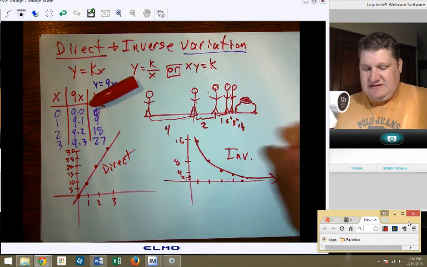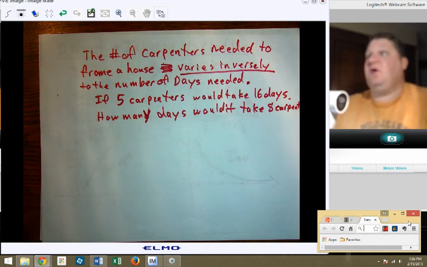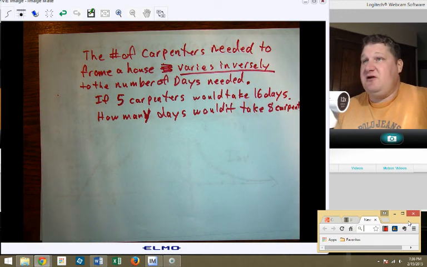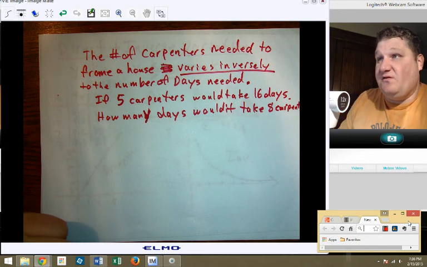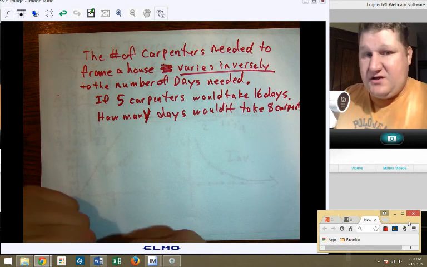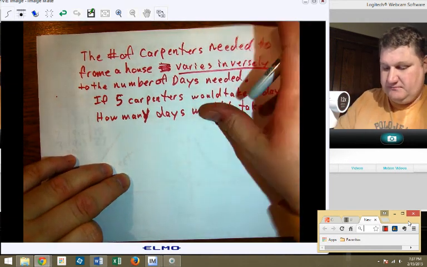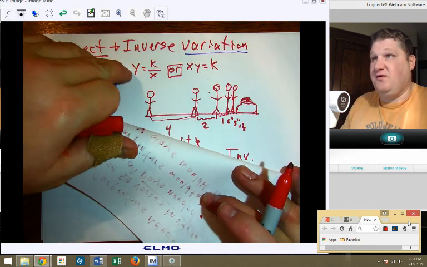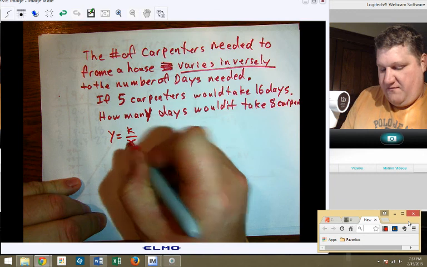Now, let's do an example of an inverse variation. If the number of carpenters needed to frame a house varies inversely to the number of days needed, if 5 carpenters would take 16 days, how many days would it take for 8 carpenters? First of all, it says varies inversely, so we need our formula: y equals k over x.